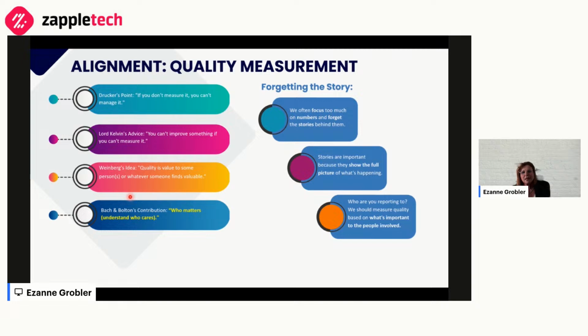So who are we reporting to? We should actually measure quality based on what's important to the people involved. And I think that was quite a significant aha moment for me: no two stakeholder groups have the same definition of quality. They don't see quality in the same manner.